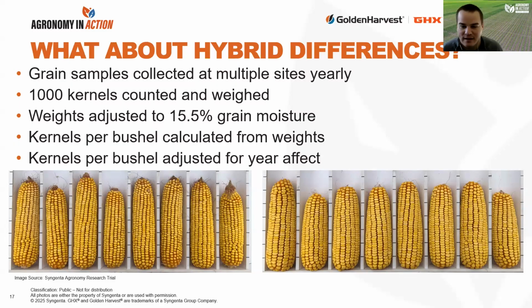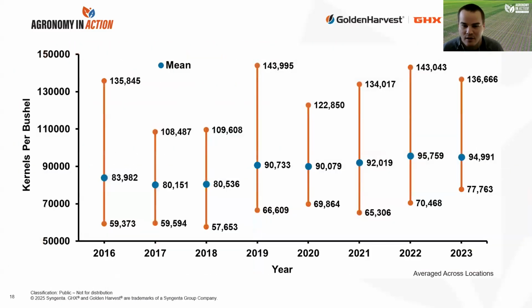I'll walk through a little bit of that here. This graph is the past couple years that we've been doing this, expressed as kernel weight in kernels per bushel. Again, fewer kernels per bushel means those kernels were heavier. The blue dots are the average across all the hybrids and all the locations that year. In 2016, 2017, and 2018, we were averaging around 80,000 kernels per bushel.